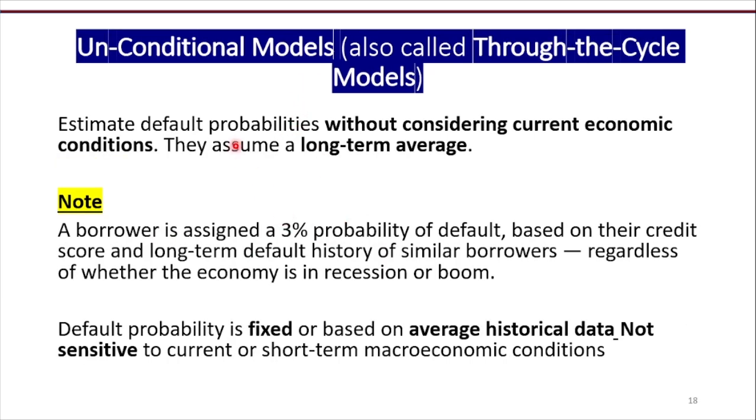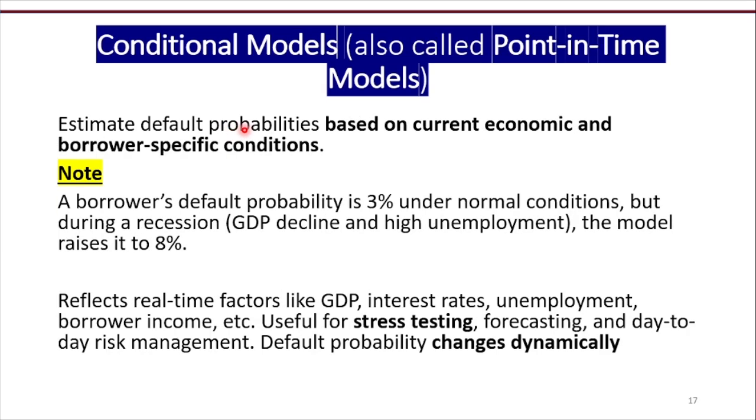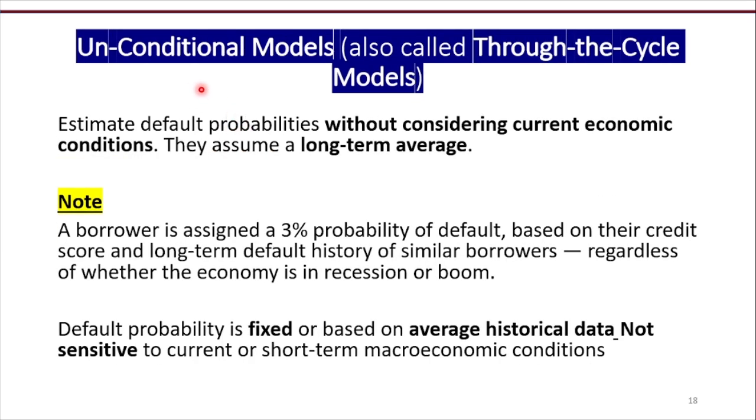Now moving toward the unconditional model. If you have understood the conditional model, you can easily understand the unconditional model. The unconditional model estimates default probabilities without considering current economic conditions. They assume a long-term average.